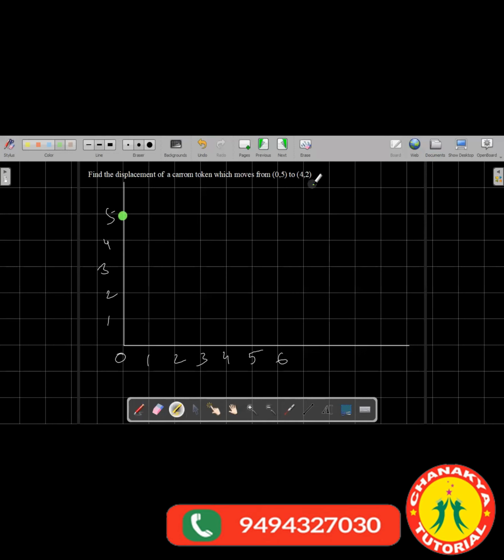And from here it moves to the position 4, 2, that's this point. So you have the displacement P1, P2. These are the positions. The magnitude of the displacement would be given by the length of this line P1, P2. So how will you find the displacement? What will be the value of displacement here?